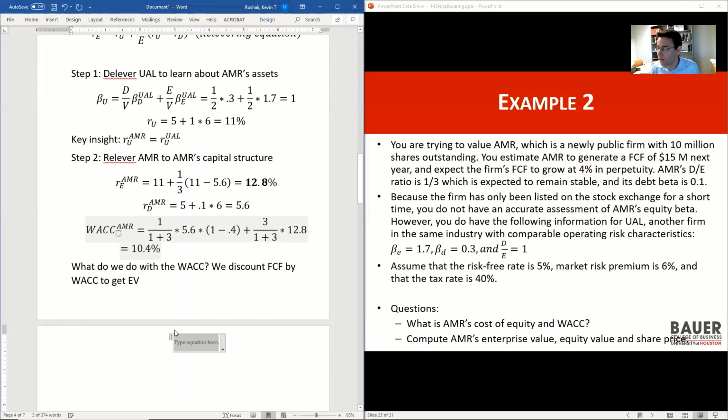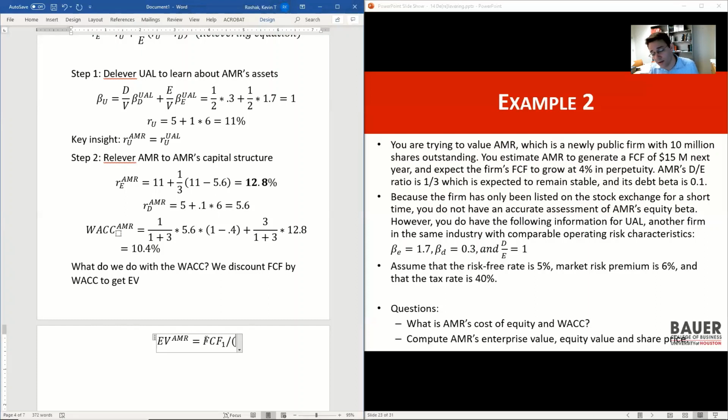Okay. So what's going on with the free cash flows? We have to figure that out and discount them by the WACC. It's going to generate free cash flows of $15 million next year, and that's going to grow at 4% in perpetuity. So it's a very simple growing perpetuity problem. The enterprise value for AMR is just a growing perpetuity. So we have free cash flow that occurs at time 1.